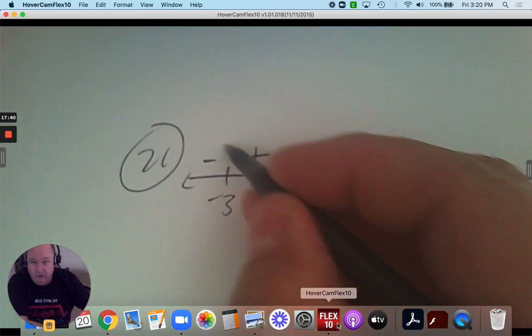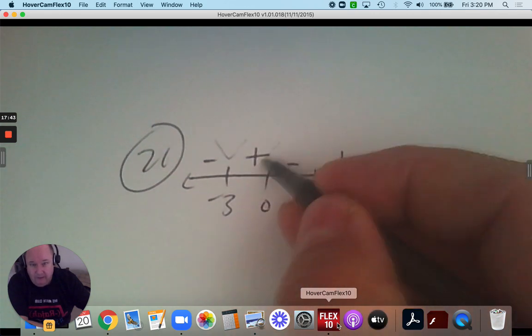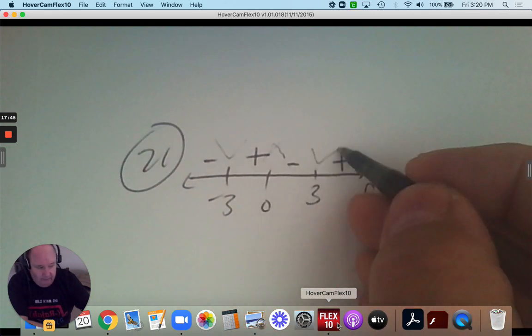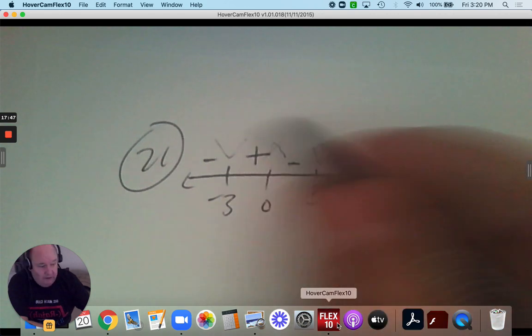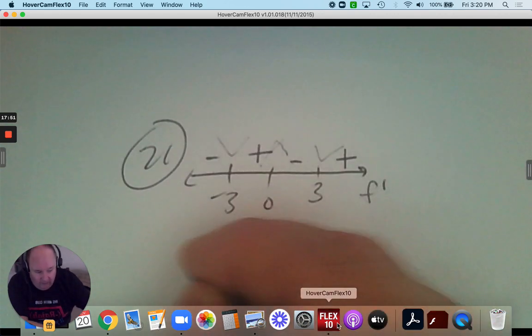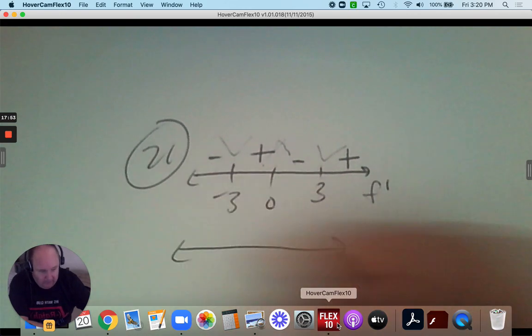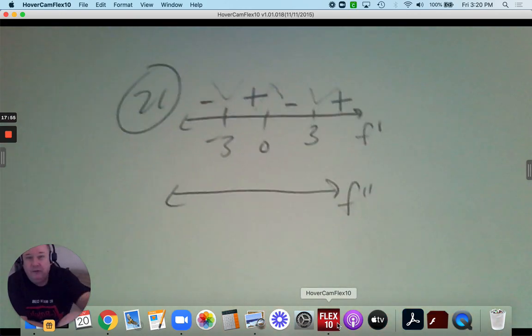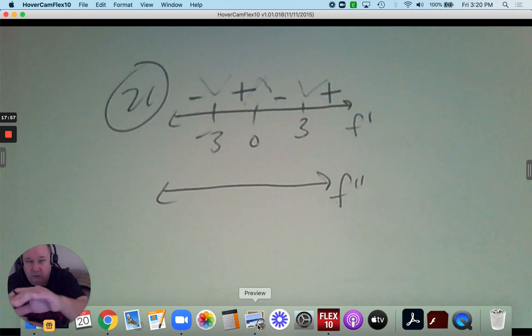For the function, we have a minimum, we have a maximum, and we have a minimum. So this tells me increasing and decreasing for the function. Now, I also want to do a second derivative number line. For the second derivative number line, I'm going to look for turning points.